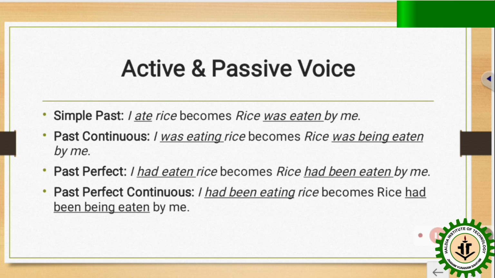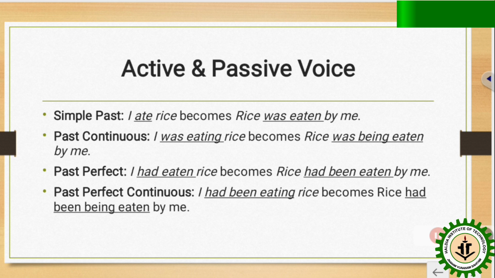Similarly, when we come to past continuous tense, the sentence can be written in this way, that is, I was eating rice. When we convert it in the passive voice, the object of the active voice, that is rice, becomes the subject in the passive voice. Now, because the sentence is in continuous tense, we need to bring a be verb which will carry the continuous tense.